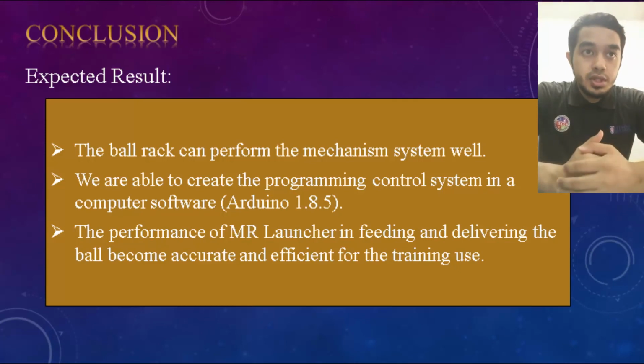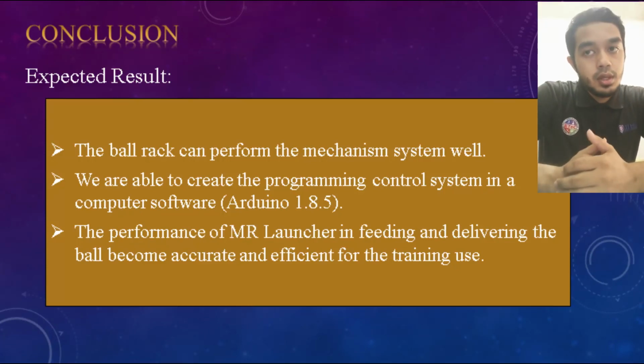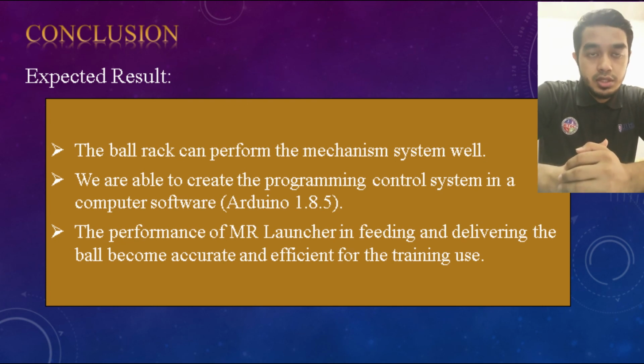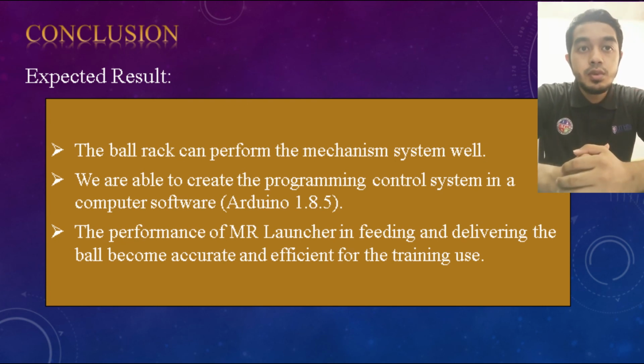So in the conclusion section, we have the expected results. The first result that we expect to achieve is that the ball rack can perform the mechanism system using the ball stopper mechanism appropriately.